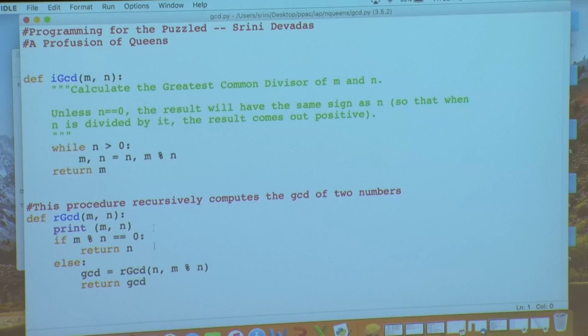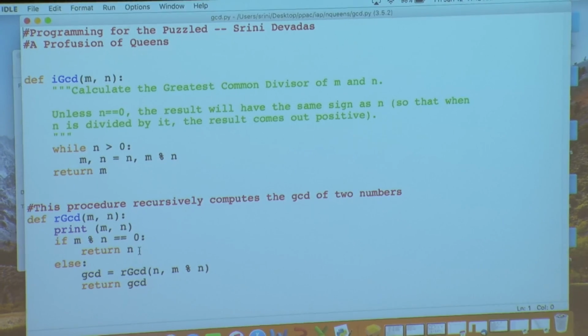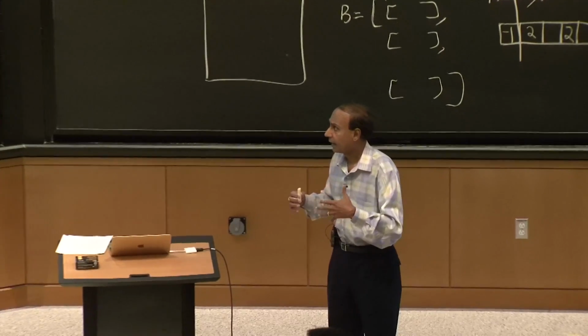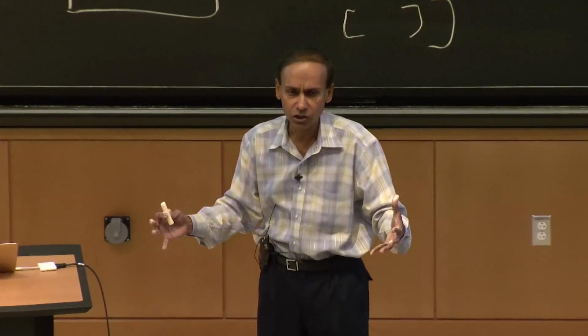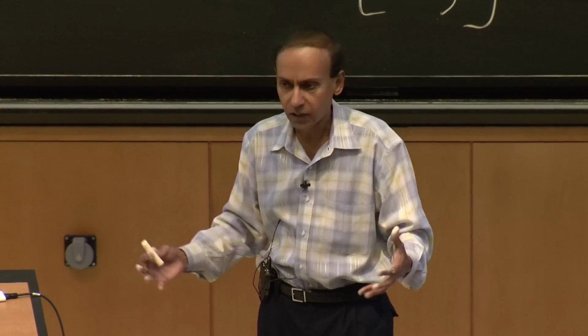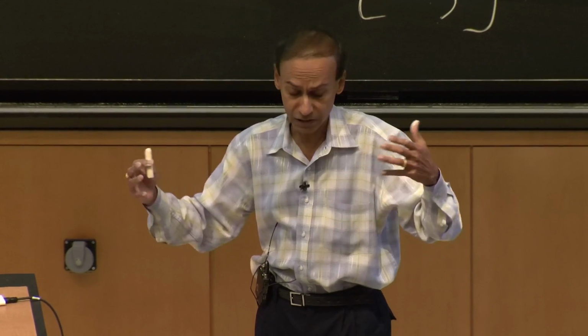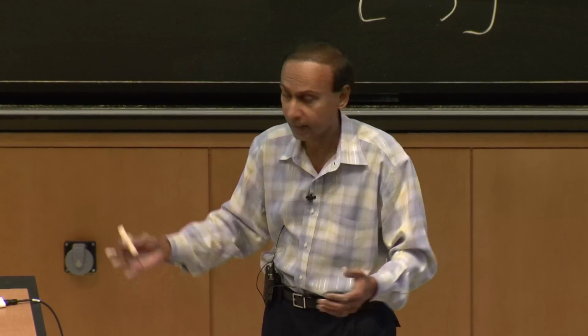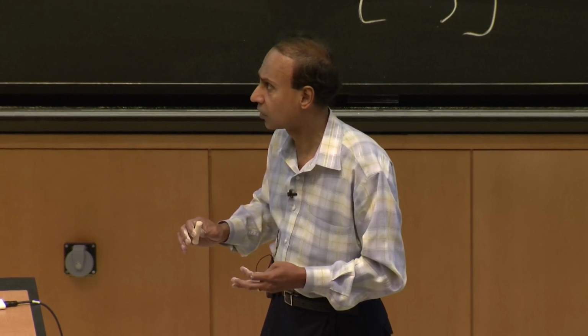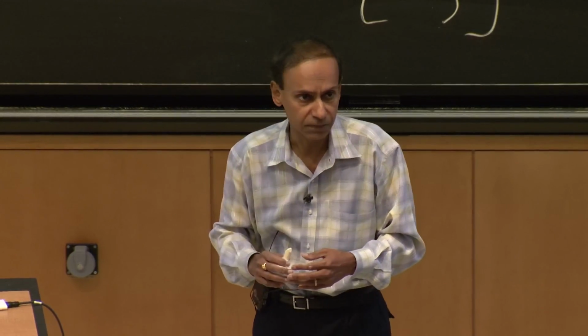But the point here is you did translate this iterative algorithm into a recursive one. And there are a couple of things I want you to keep in mind when you look at recursive code, and certainly when you write recursive code. It's much easier pointing this out in a simple example like this, right?